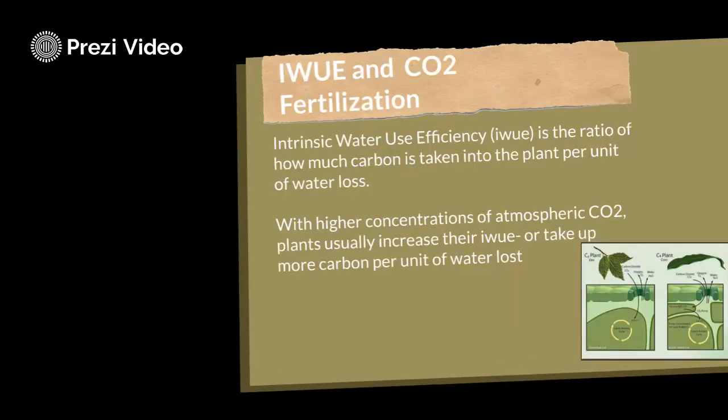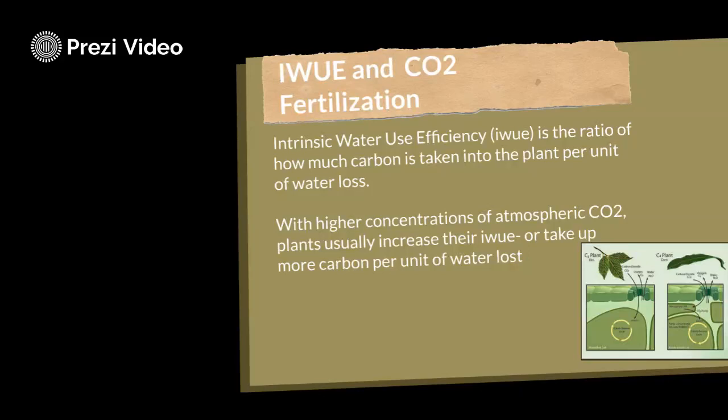Now, let's move on to IWUE and CO2 fertilization. Now, moving on to another way increased CO2 fertilization relates to vegetation's carbon sink, we'll be talking about the intrinsic water use efficiency, which is the ratio of how much carbon dioxide is consumed per unit of water that is released during the process of photosynthesis.